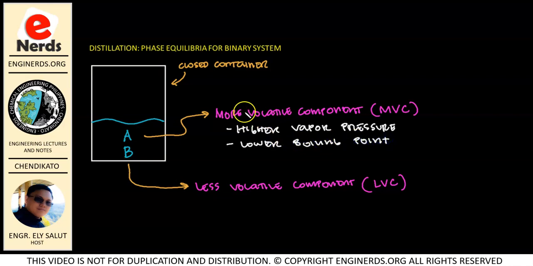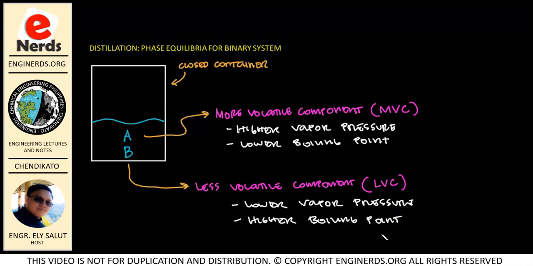Compared to our component B, the boiling point of our component A or MVC is lower. Of course, contrary to this is our less volatile component. So, our less volatile component has lower vapor pressure and a higher boiling point.